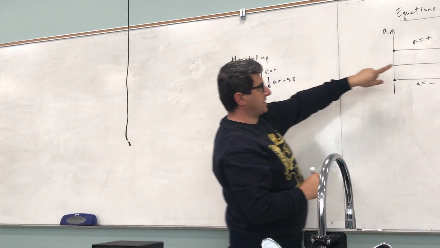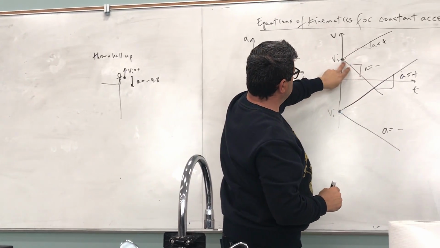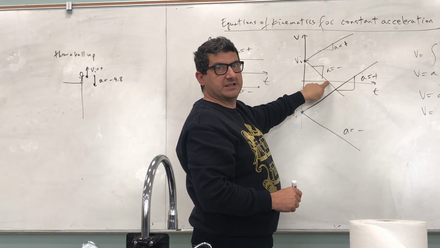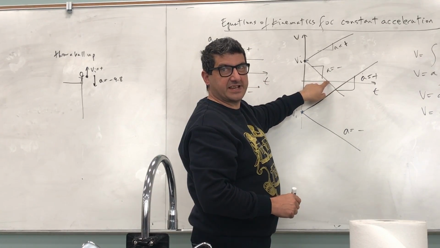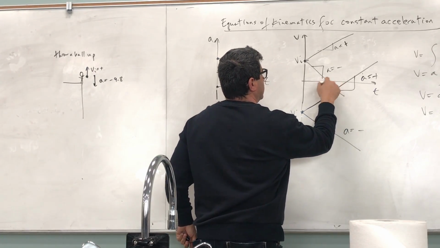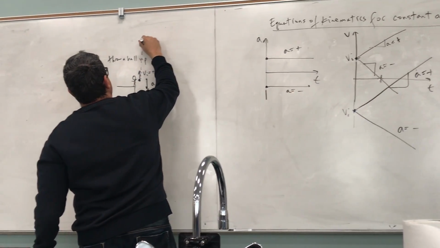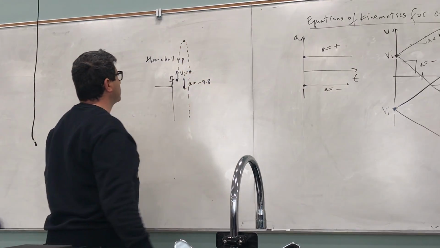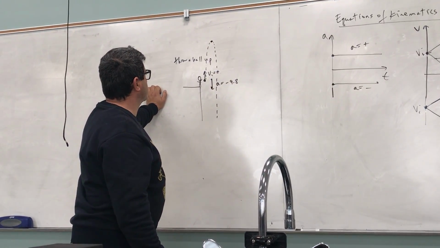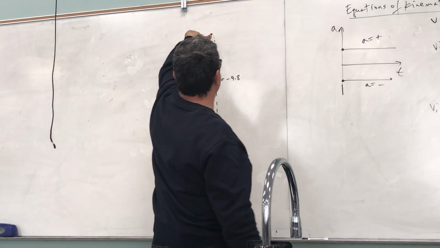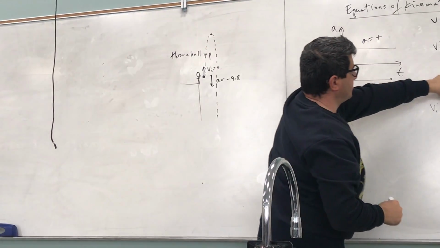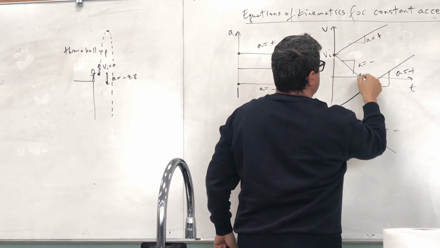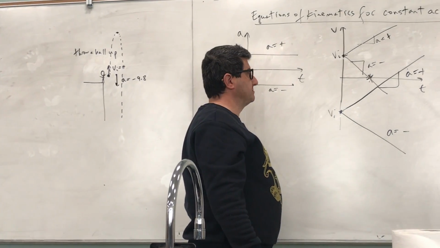So that's going to be like this case: v initial is positive, but the a is negative. So at some point, it's going to stop when it crosses the x-axis. See? Right there. It's going to go up, slow down, and go like that. That point is the graphical interpretation of this point, right there. That means it reaches its maximum height.